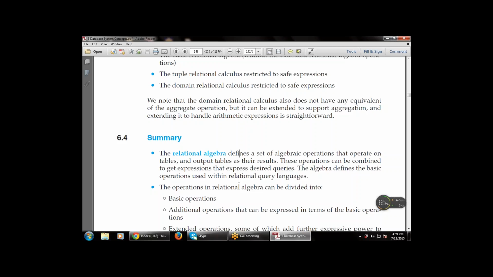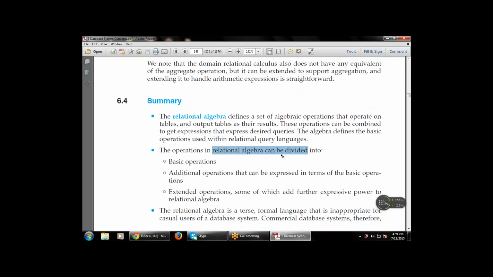The algebra defines the basic operations that are used within the relational query languages. Now what are the operations used in the relational algebra?